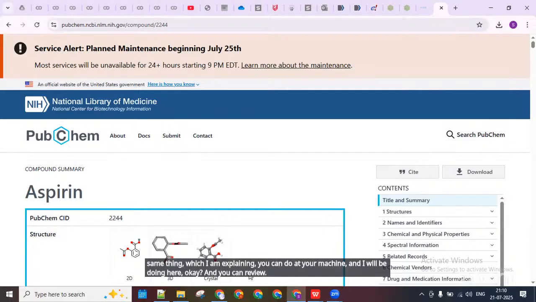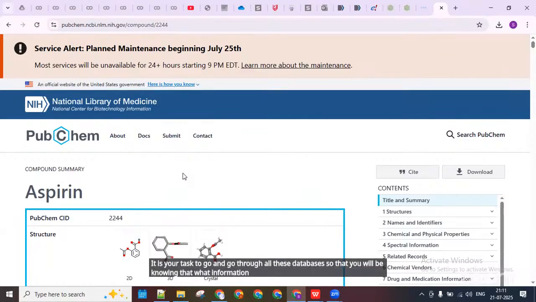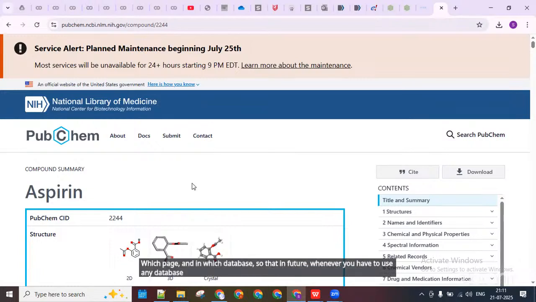So if there is any question, let me know if everything is clear, because this is very easy, just to explore the interface. It is your task to go through all these databases so that you will know what information is present and on which page and in which database, so that in future whenever you have to use any database or retrieve any information, you should know that for drug information you should not go to Ensembl or NCBI.